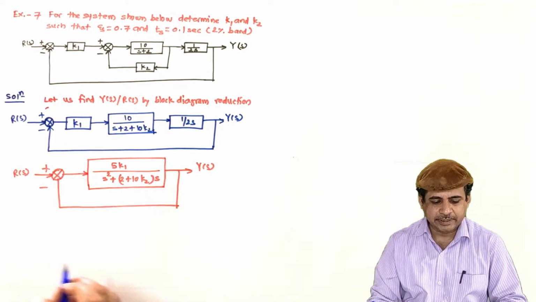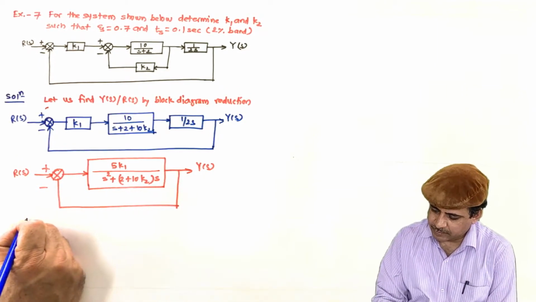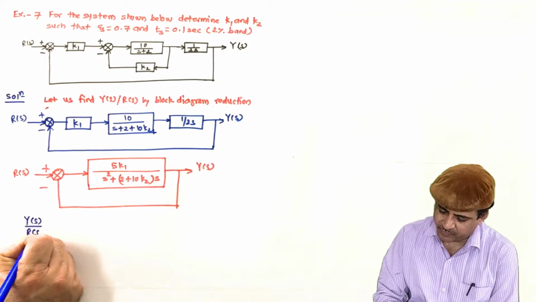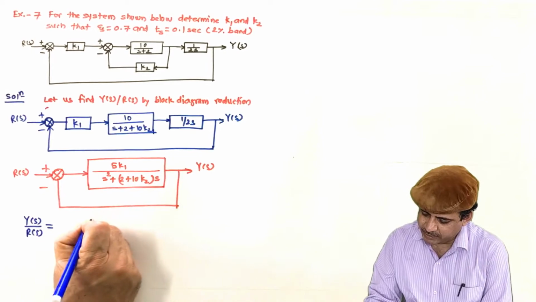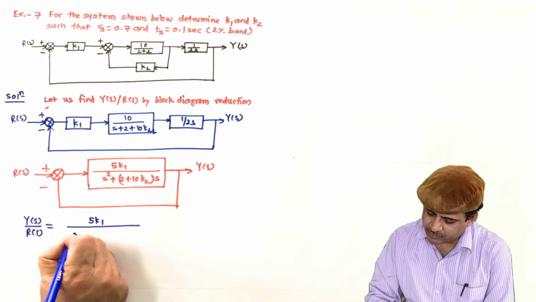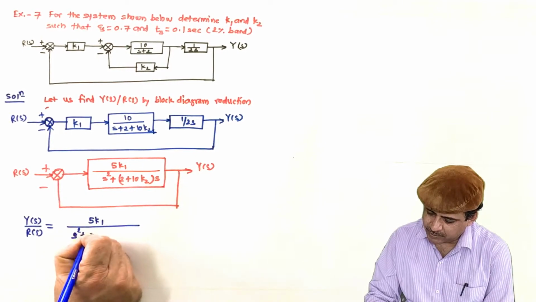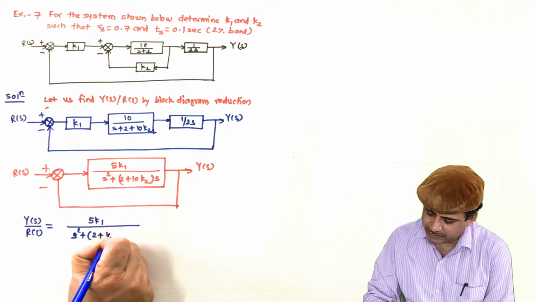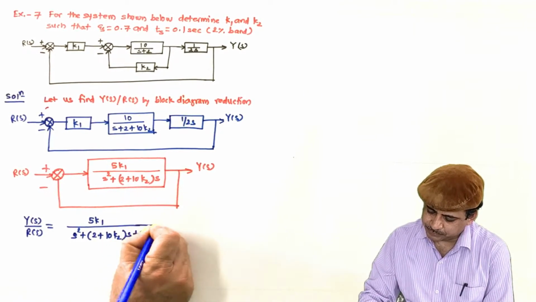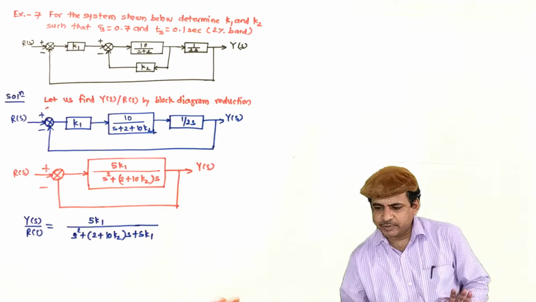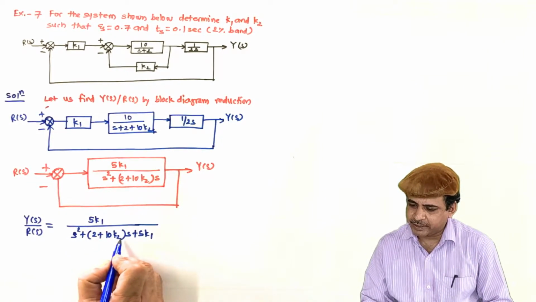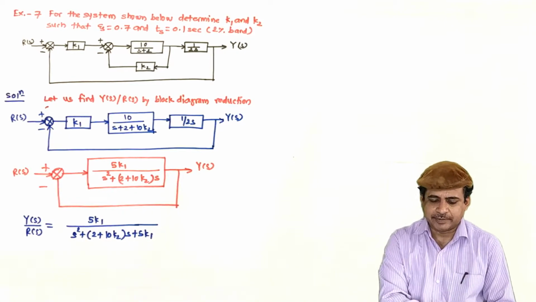And then we will get Y(s) by R(s). Upon solving this will be 5K1 divided by s square plus 2 plus 10K2 s plus 5K1, and this clearly gives that 5K1 is omega n square and 2 plus 10K2 is 2 zeta omega n.